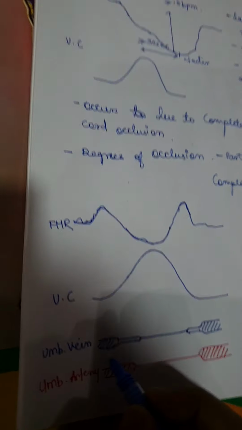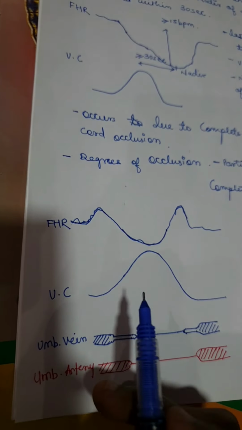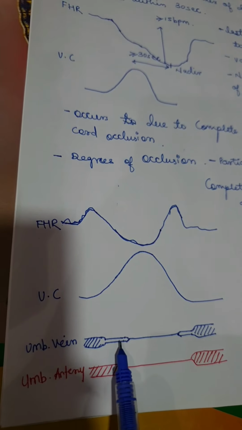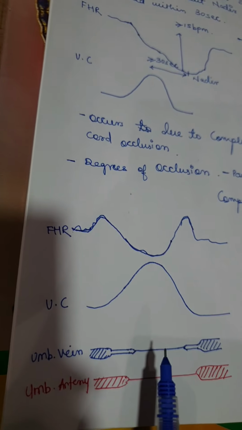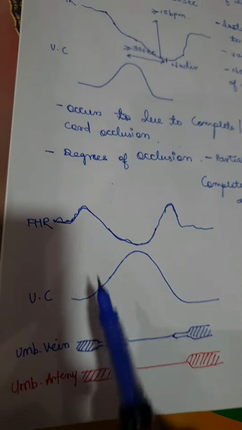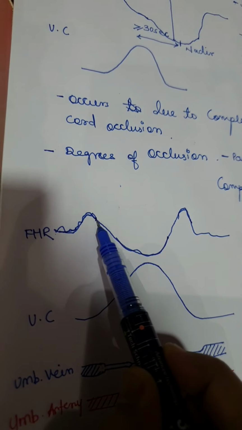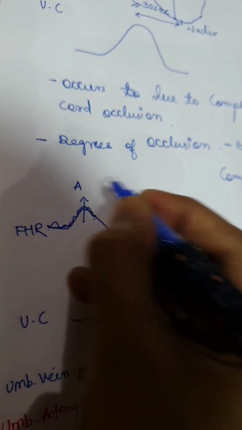Now see, at the starting of the uterine contractions, where the intensity of the uterine contraction is low, there is partial occlusion of the cord, that is there is occlusion of the umbilical vein, that is the blood returning from the fetus is affected. So we see a partial rise in the fetal heart rate, that is we see over here the acceleration, okay.